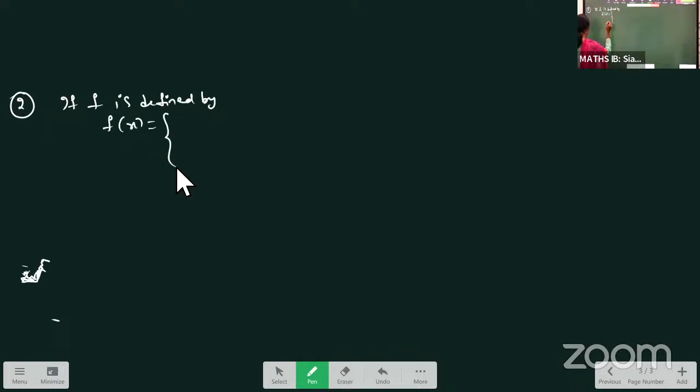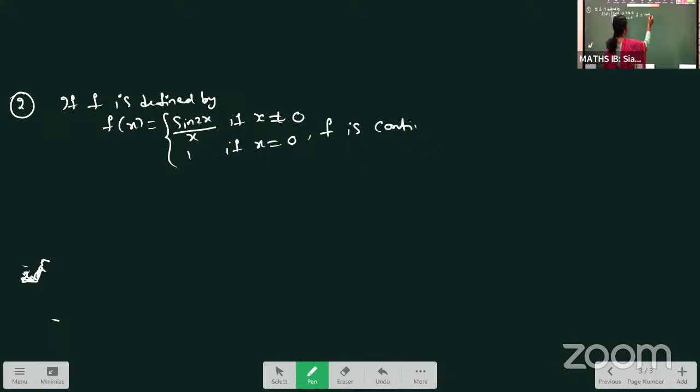Question number 2. If f is defined by f of x is equal to sin 2x by x, if x not equal to 0, and 1 if x is equal to 0. f is continuous at 0.